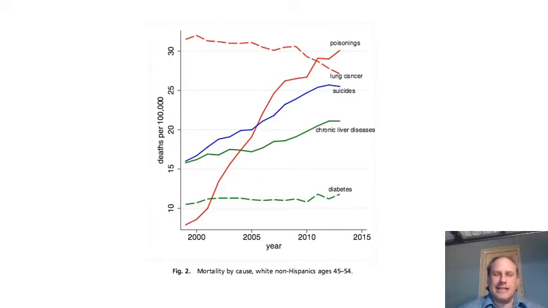But what's really increased is, first of all, suicides, but even more dramatically, this red line representing what's labeled poisonings. Poisonings is often in these statistics another word for overdosing from drugs. And that is what's increased dramatically and is a stand-in for the massive explosion of use, abuse, and often deaths from the opioids out in these various very unhealthy counties.